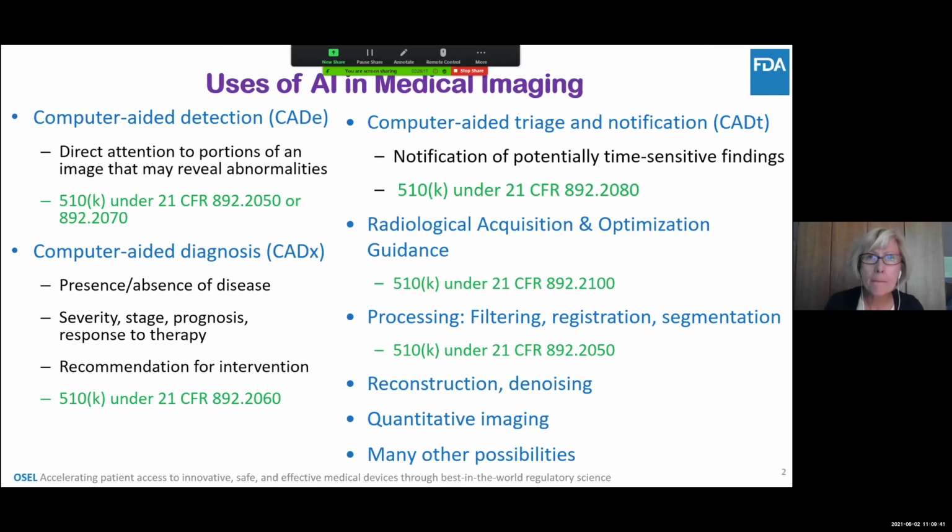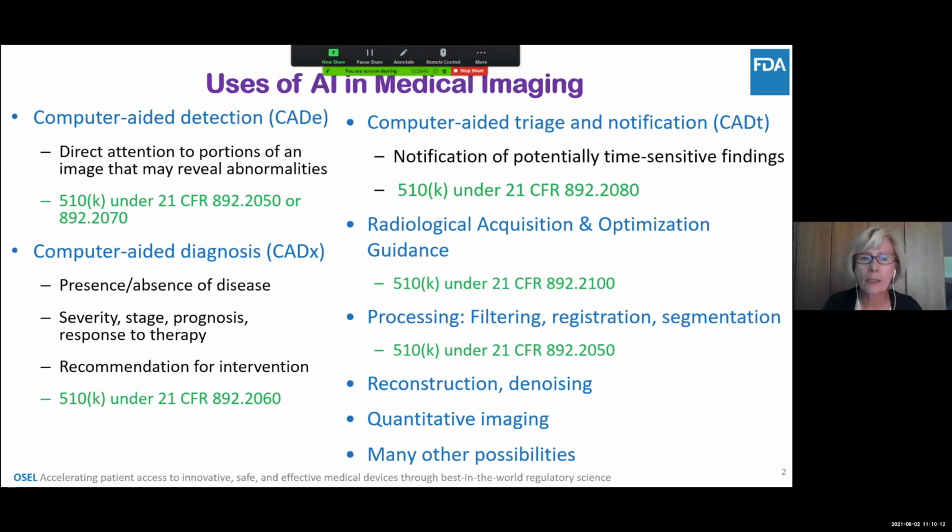In about 2018, we authorized the first CADt, or computer-aided triage system, and have allowed for about 30 of those, or maybe even more. It's hard for me to keep track myself from within FDA. A lot of different applications where companies are looking to develop aids for prioritizing the reading of cases so that time-sensitive findings are at the top of a reader's stack.